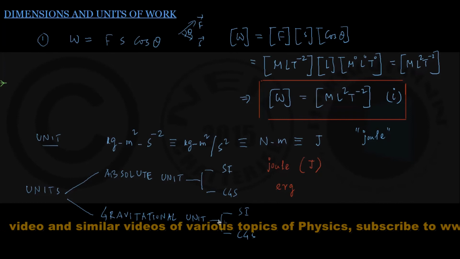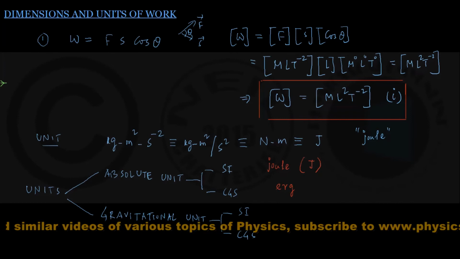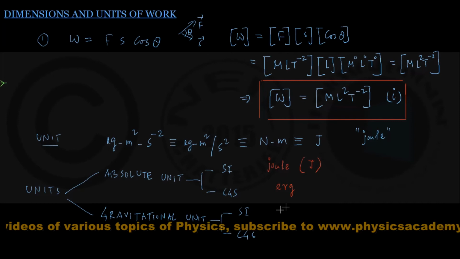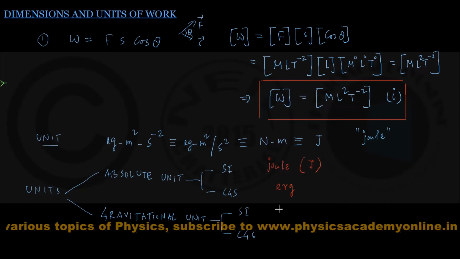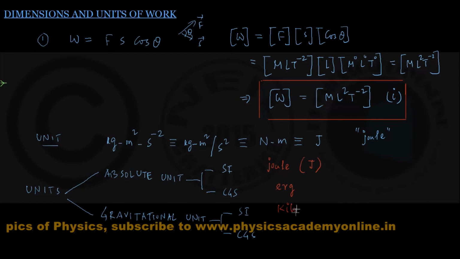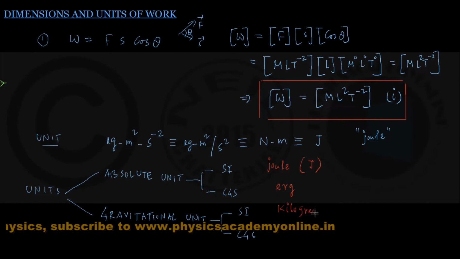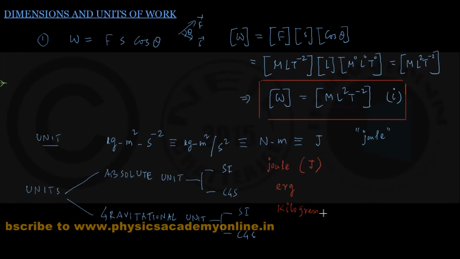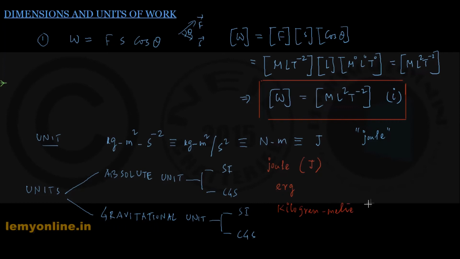The SI gravitational unit of work is called kilogram meter. I am writing the complete name, kilogram-meter. You must give a hyphen between the two parts of a compound unit, and in symbolic form that is kg-m. Similarly, the CGS gravitational unit of work is gram centimeter.